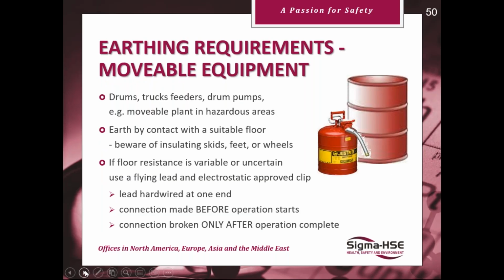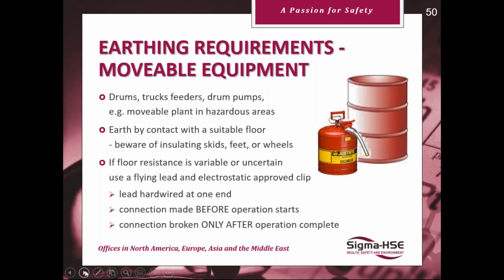For movable equipment such as drums, trucks, feeders, drum pumps, any movable plant that you move into hazardous areas, earth is normally by contact with a suitable floor. But beware of insulating skids, feet, or wheels. This is a big mistake made by people. They forget to take that into consideration. Also, get your floors measured and checked to see they are static dissipative. Don't just assume they are because someone's told you they are.